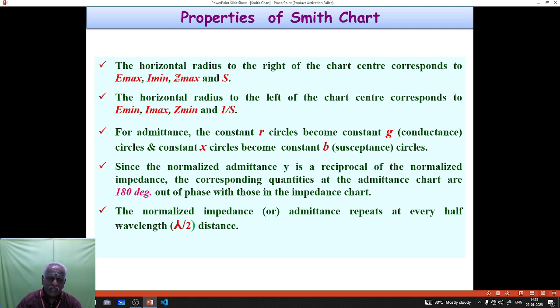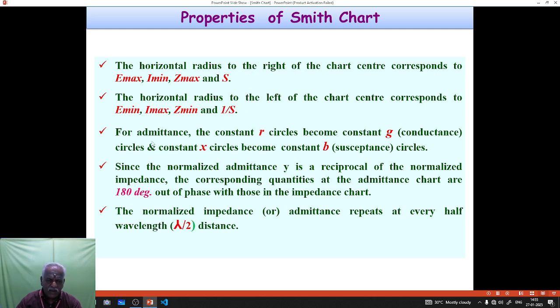Yes, you are getting it on the right side of the chart. The horizontal radius to the left of the chart corresponds to E minimum, I maximum, Z minimum and 1 by S.